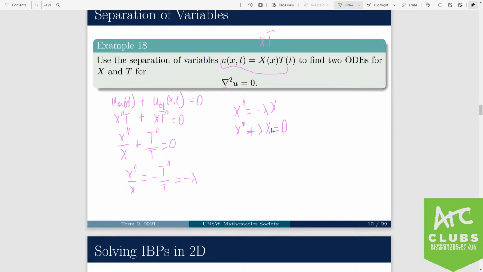And this is just a second order differential equation. In fact, this is the Sturm-Liouville equation that we looked at before. And we do the same for T. So we get minus T'' equals minus lambda T. And then moving the T over, T'' minus lambda T equals 0. And these are our 2 ODEs.